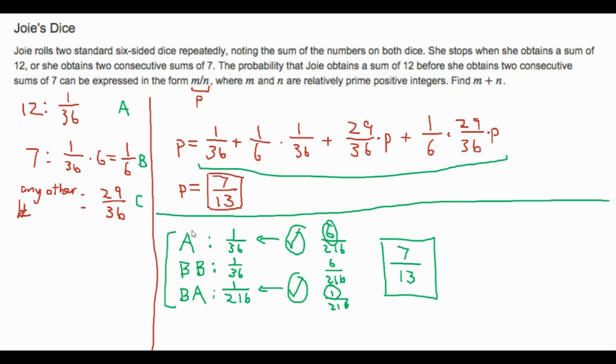Anything else is contained within these cases. And thus, we can assume that one of these three cases happens and find the probability that either A or BA happens, which is what we want, which is when we win. And the probability of A or BA happening, given that A, BB, or BA happens, is 7 over 13.